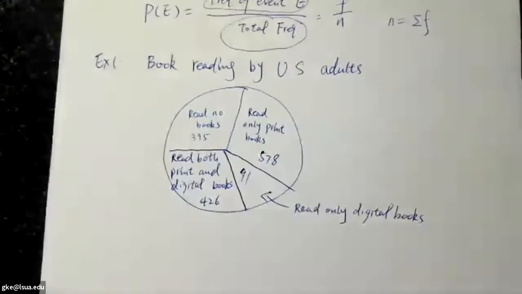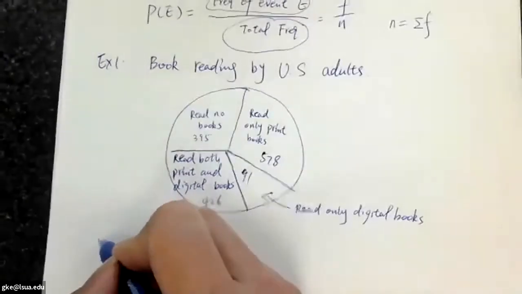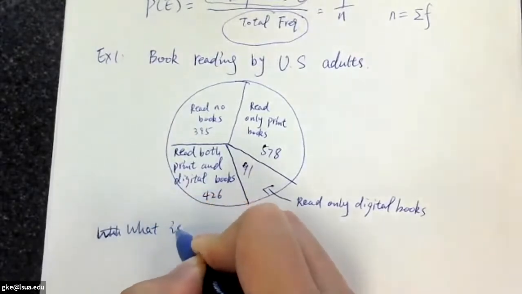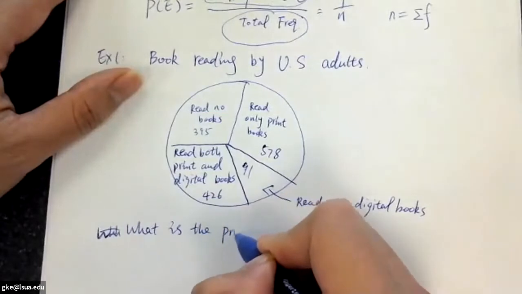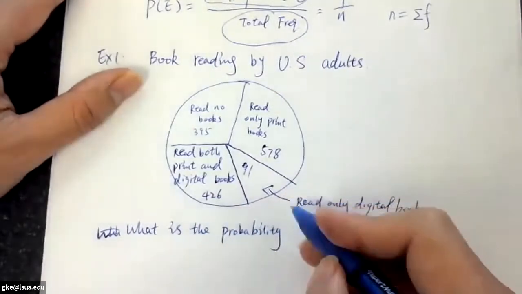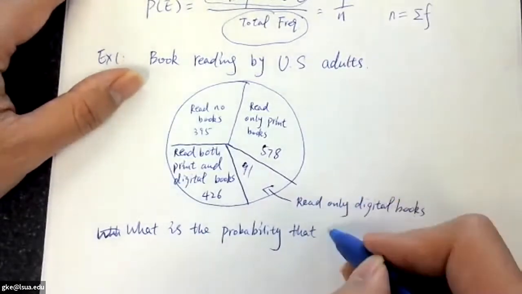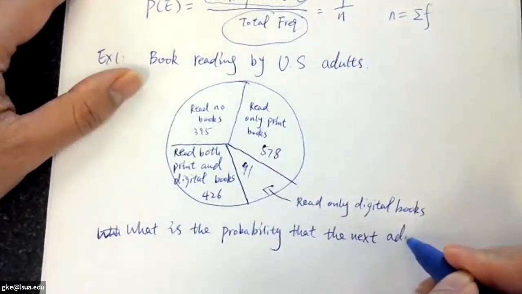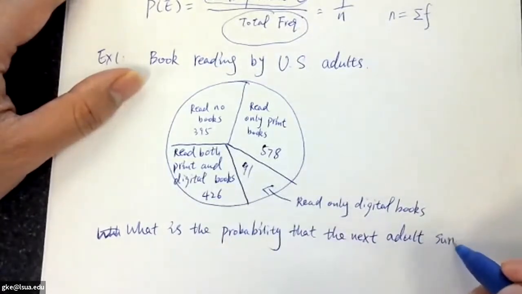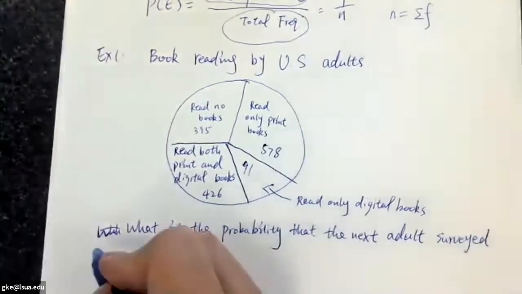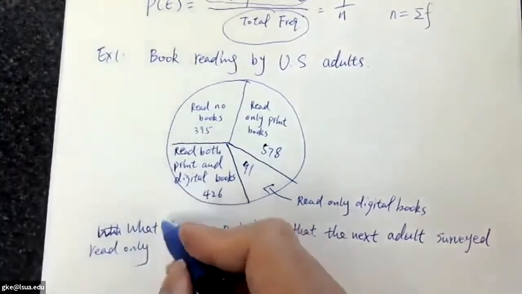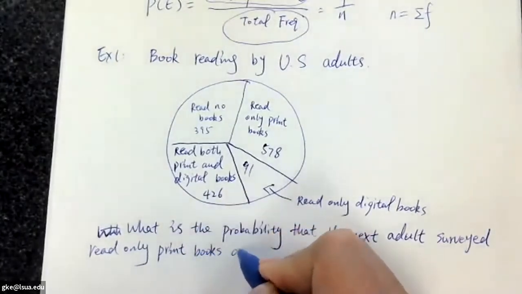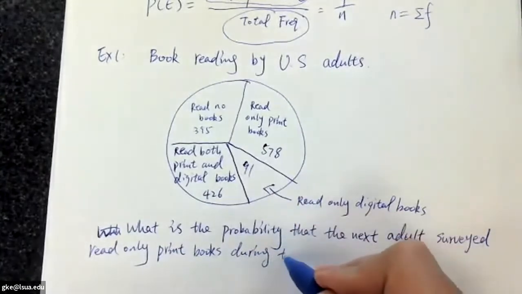So now I want to calculate: what is the probability that the next adult surveyed read only print books during the last year?